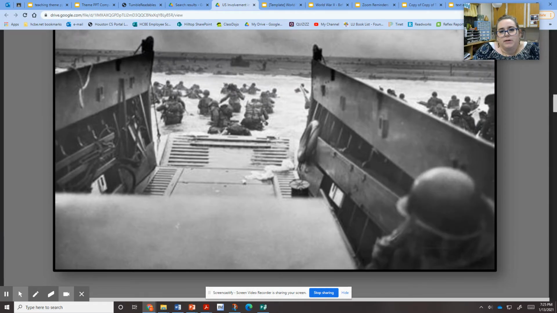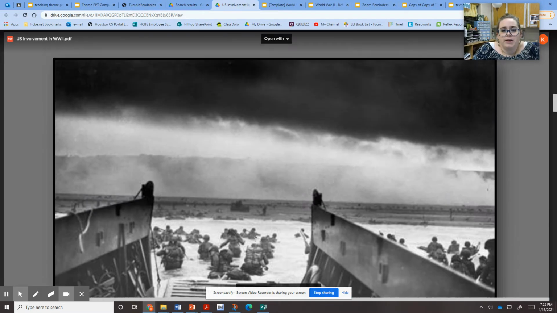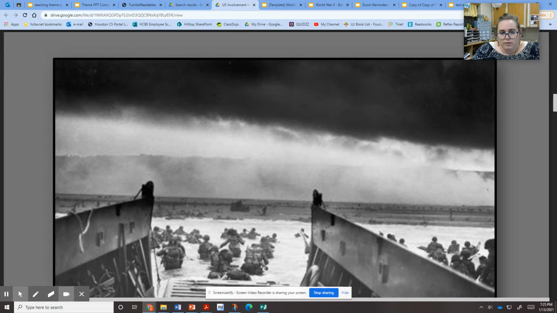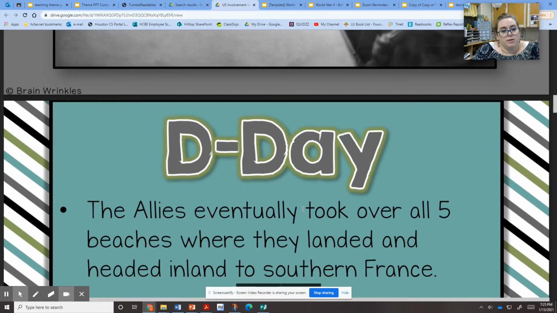There they are, waiting in the water to get to the beach. And what was bad is you can see here they're going onto the beach, but then there were hills, and that's where the Germans were firing from, so they had a better vantage point.